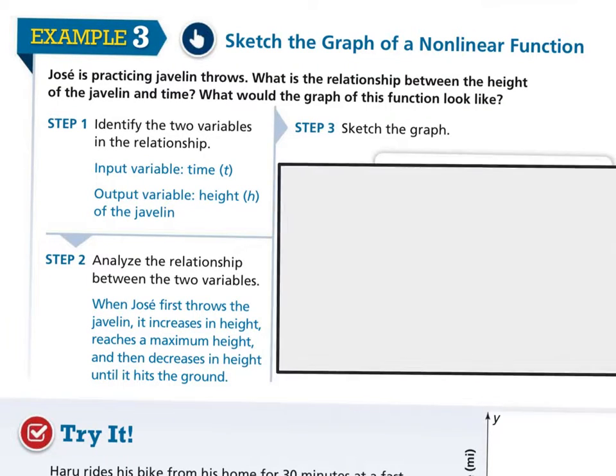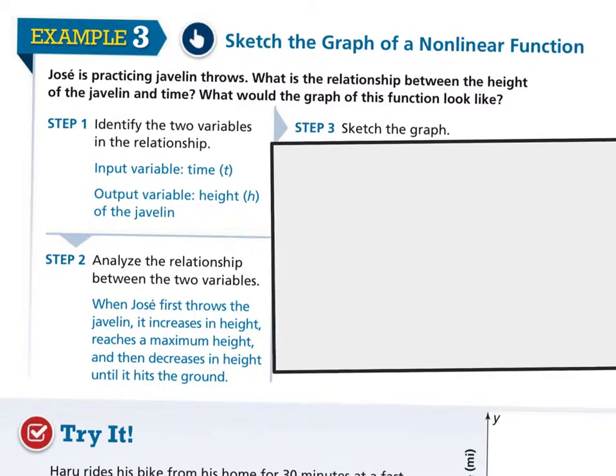Imagining this is not here yet. Okay? So first of all, we'd have to identify our variables, which would be the time. Time, you'll notice, is the variable a lot of times. And then the height of the javelin. Height is going to be our y-axis. That's what we want to see the change in. And then we can analyze what's happening here.